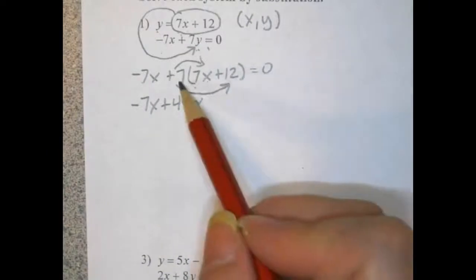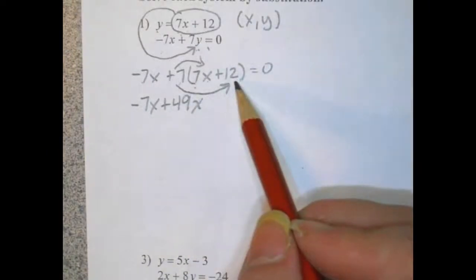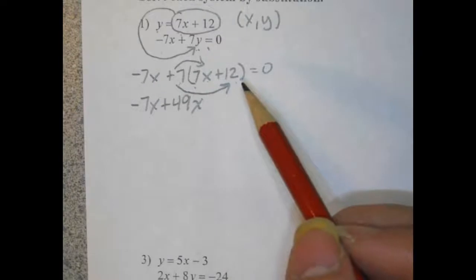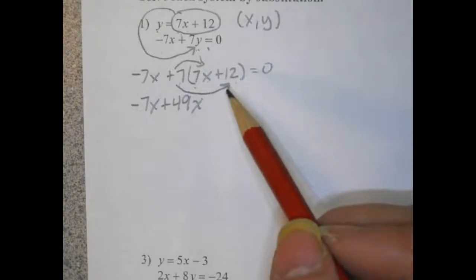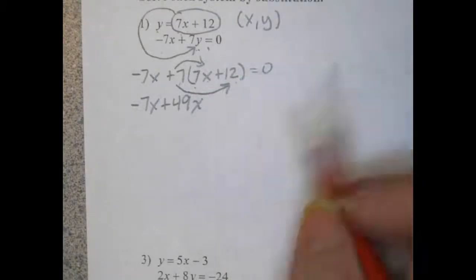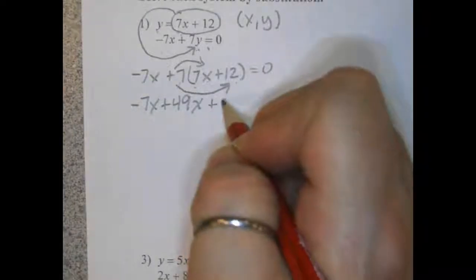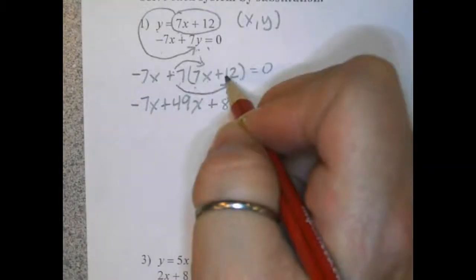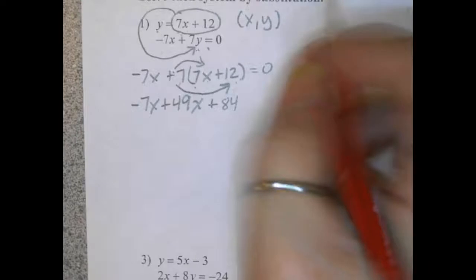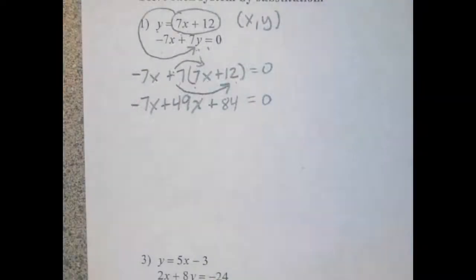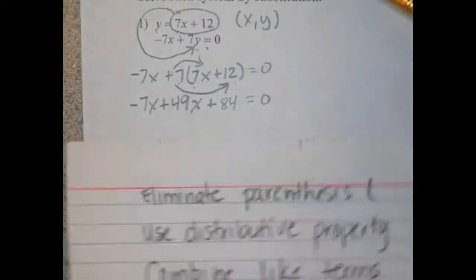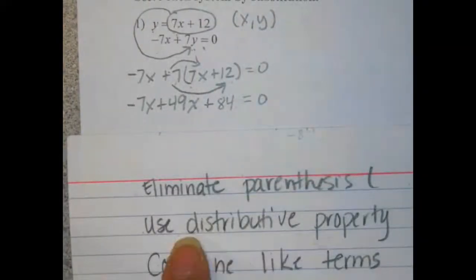And what is 7 times 12? 84. So it's positive 84, because a positive times a positive gives me a positive. And that's going to equal 0. So I've eliminated my parentheses using the distributive property.